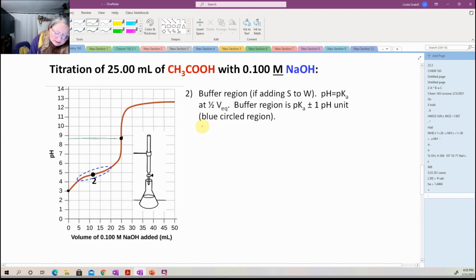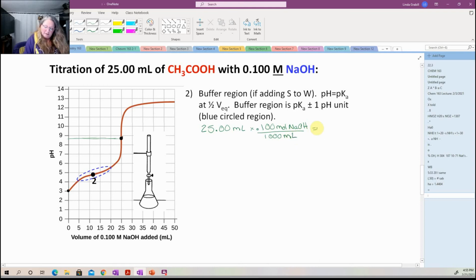I know at equivalence I had 25.00 milliliters of 0.100 molar NaOH. Moles, actually. I'm getting ready to write something I ask you all not to do. 0.100 moles of NaOH per 1,000 milliliters.